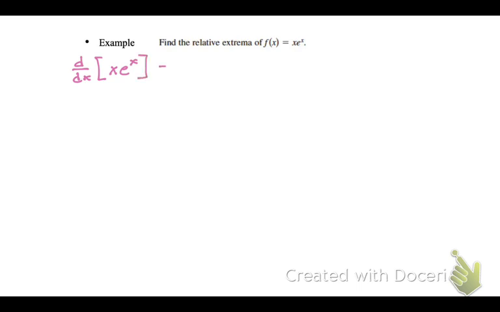So that's a product, isn't it? Yep. Okay, so derivative of x is 1 times e to the x plus, well, the derivative of e to the x is e to the x.